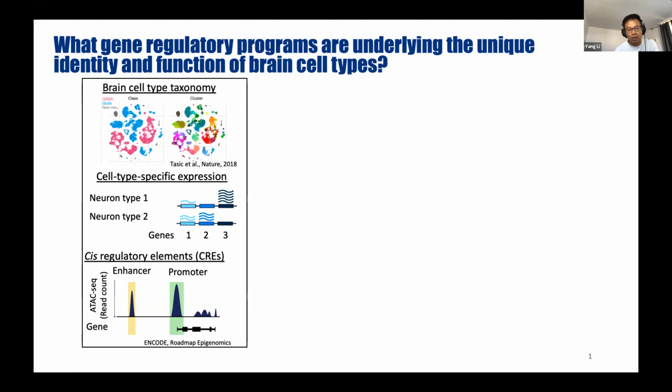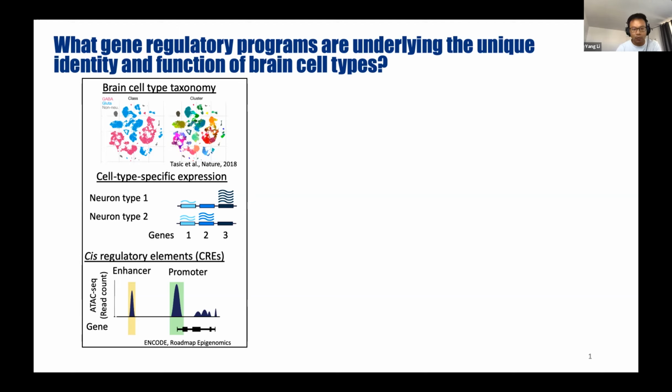We are also quite interested in answering how gene expression is regulated by cis-regulatory elements, for example, the promoter and the enhancer. And we are also interested in linking those enhancers to the putative target genes, so that people can use that resource to do some validation or research on their favorite genes.